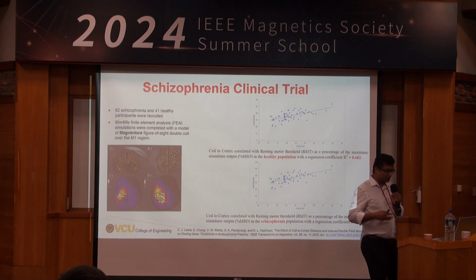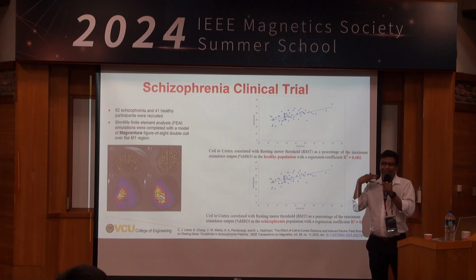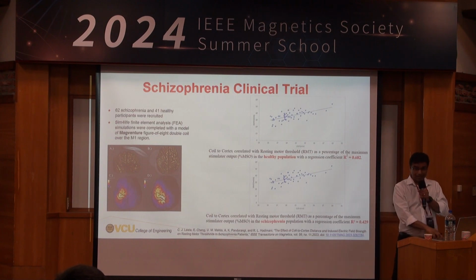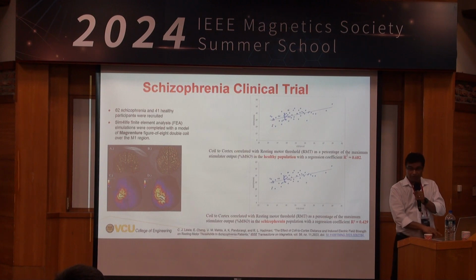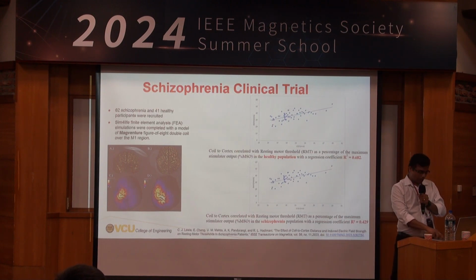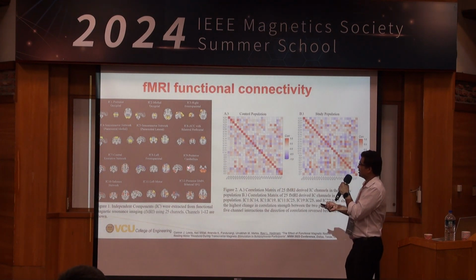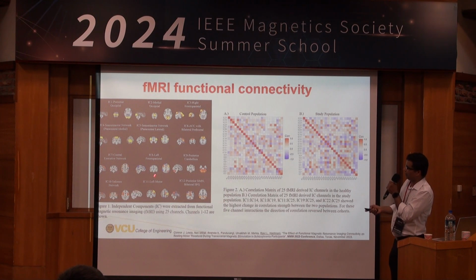What that means is in schizophrenia patients, the functional connectivity is altered more. So when you're treating patients with certain disorders, the functional parameters are more important as well. And here we look at the functional connectivity of these schizophrenia subjects.